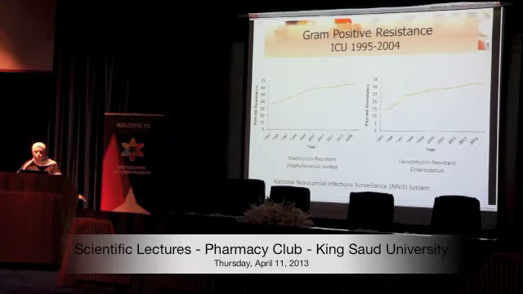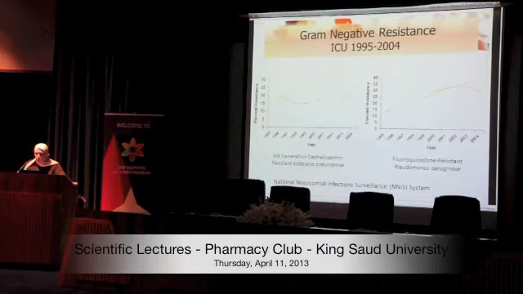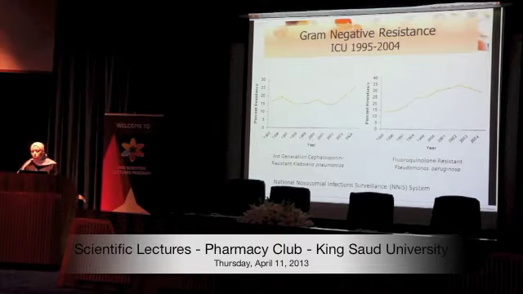Methicillin-resistant staph went from 30% in 1995 to near 70% resistance, as well as vancomycin-resistant Enterococcus, which went from 15% to almost 35% in 2004, and still rising. This is about the gram-positive.